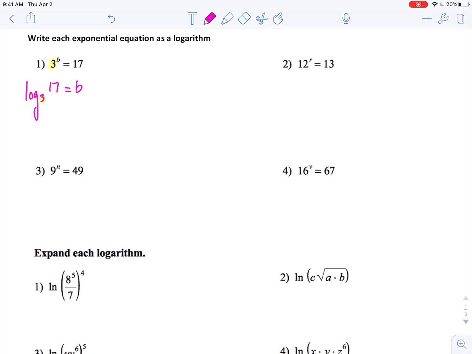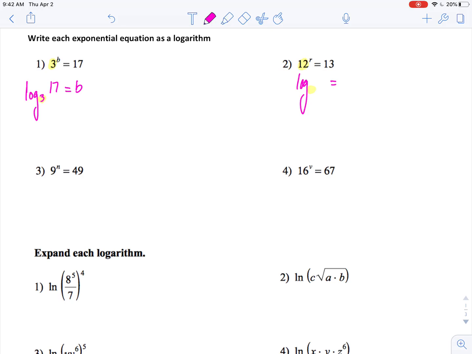So log base 3, the exponent always goes out on the other side of the equal sign. So log base 3 of 17 is b. I always fill in the exponent and the base first, and then filling in the 17 is just a matter of seeing what's left over.